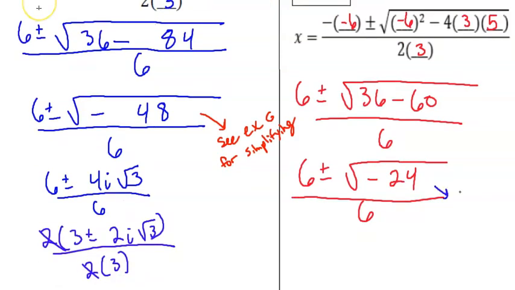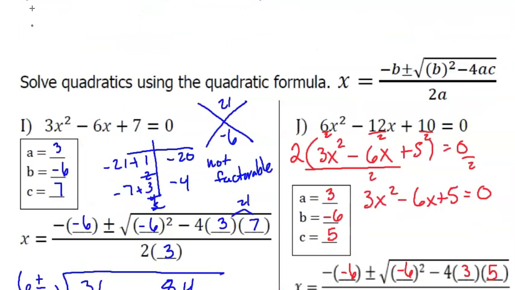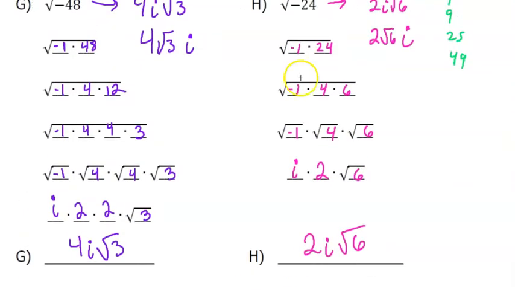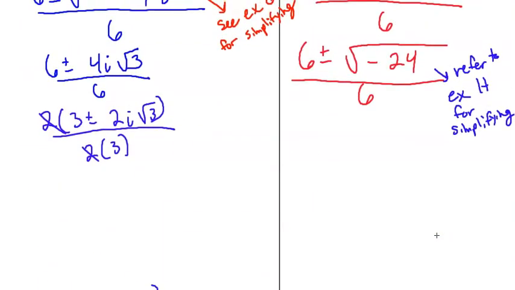To see this one simplified, refer to example h for simplifying. So if we look back at h, the square root of negative 24 is 2i square root 6. So we have 6 plus or minus 2i square root 6 all over 6.